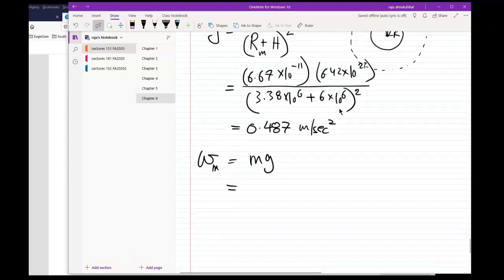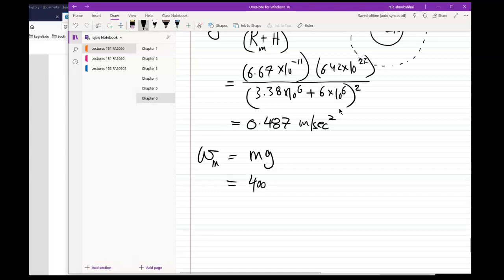So it's 4,000 times 0.487, and that will give me 0.487 times 4,000. Answer: 1948.